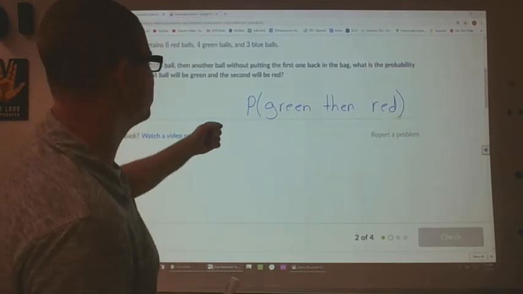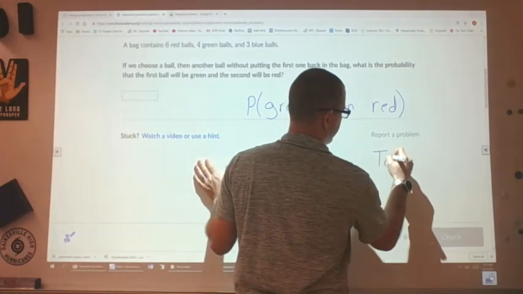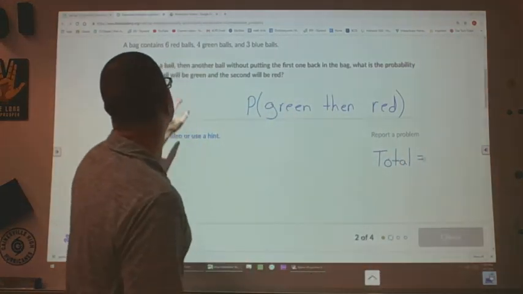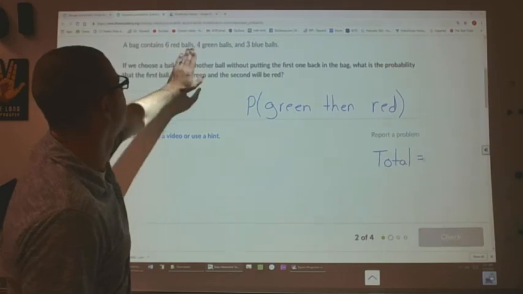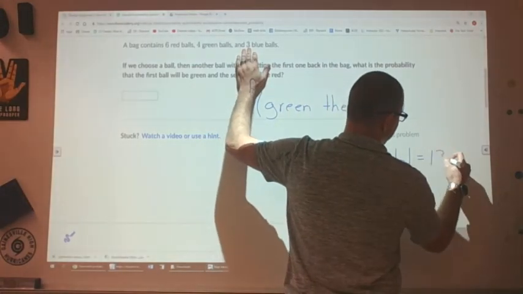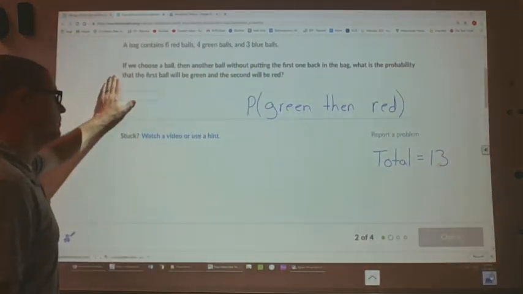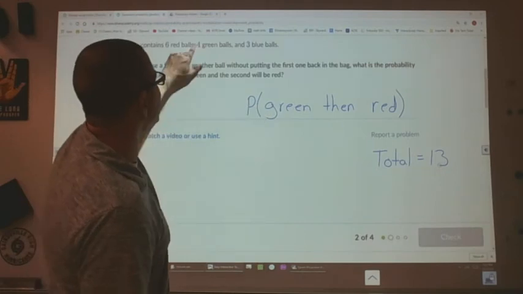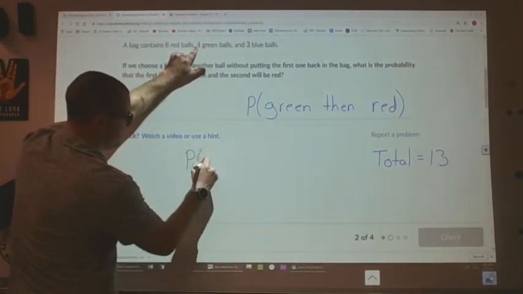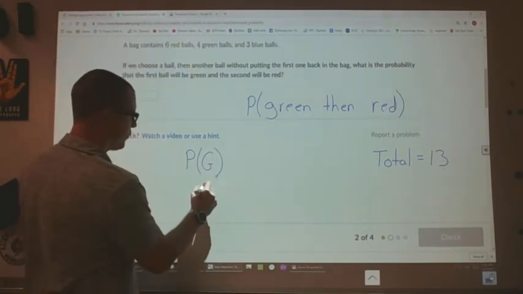The first one's easy. We can find the total number of balls just by adding. So there's 6 red balls, 4 green balls, and 3 blue balls. There are 13 balls in the bag. Of those 13, 4 of them are green. So the probability of getting a green ball is 4 out of 13.